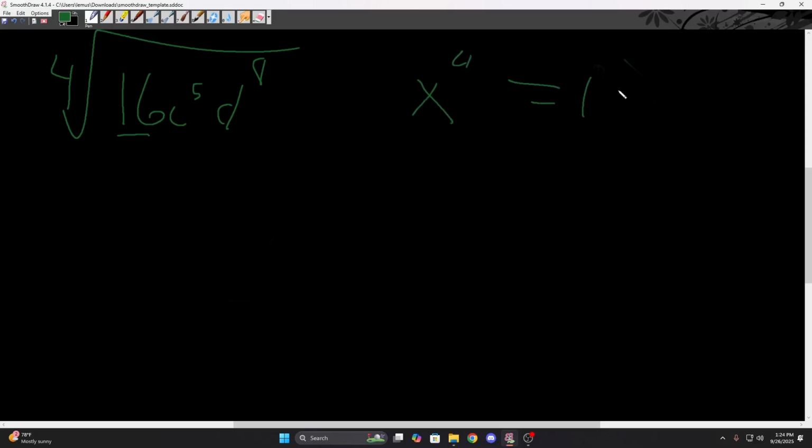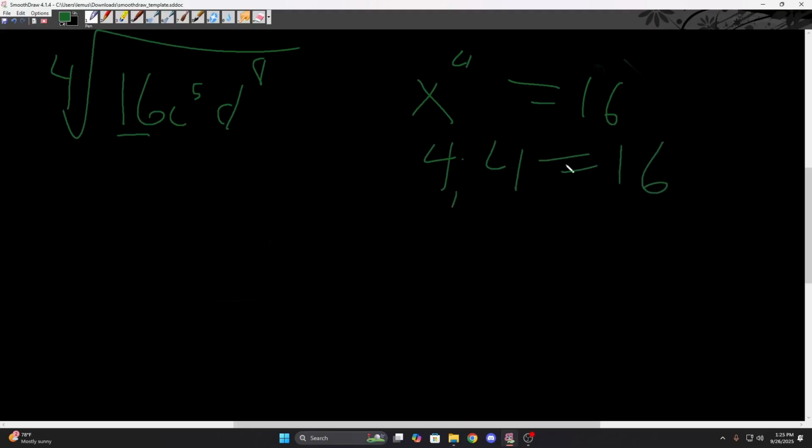All right guys, so the next question is 16c to the 5th power d to the 8th. Basically what you're going to do for the 16 is ask what number multiplies itself 4 times. So this number to the 4th power is 16, right? You can break it down. I'll give you an example. 4 times 4 equals 16, right?